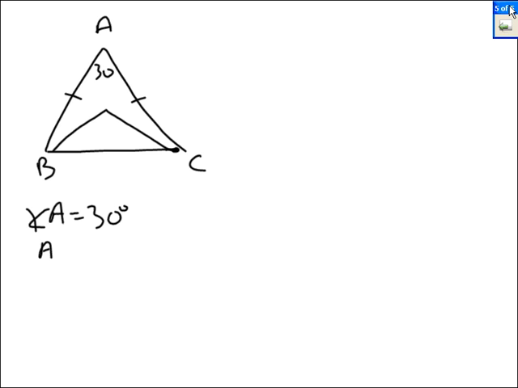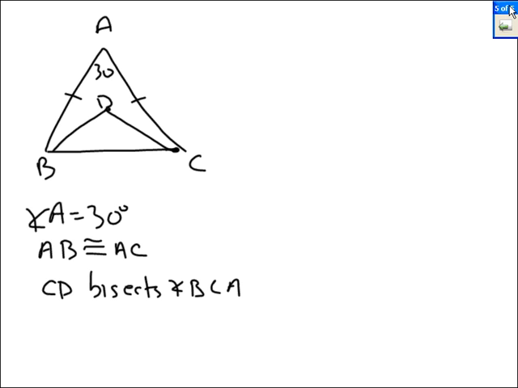And of course, AB is congruent to AC. It's already in the picture. And that CD, that's D, excuse me, CD bisects angle BCA.